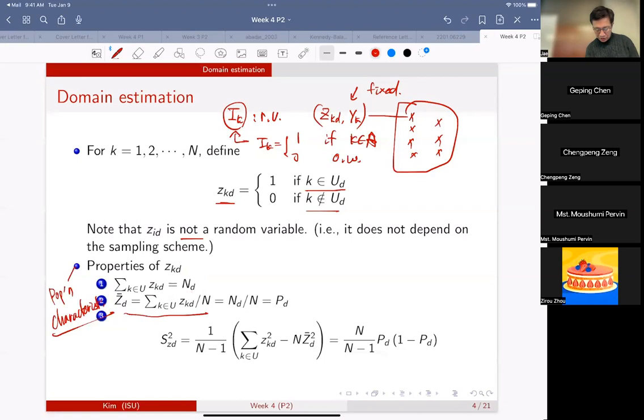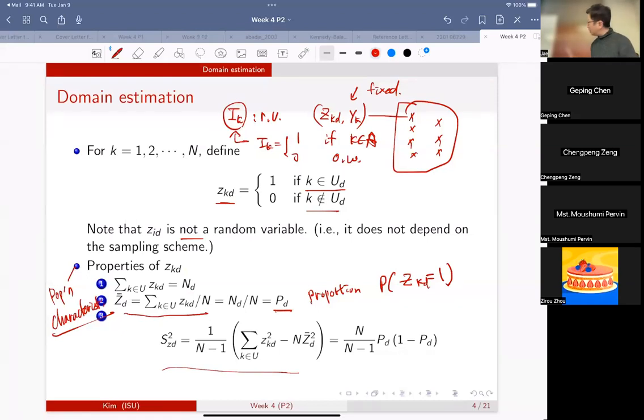So it's just the proportion. The population proportion, I mean, the finite population version of this probability.